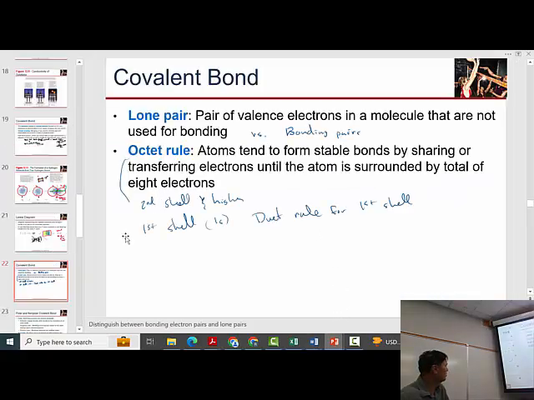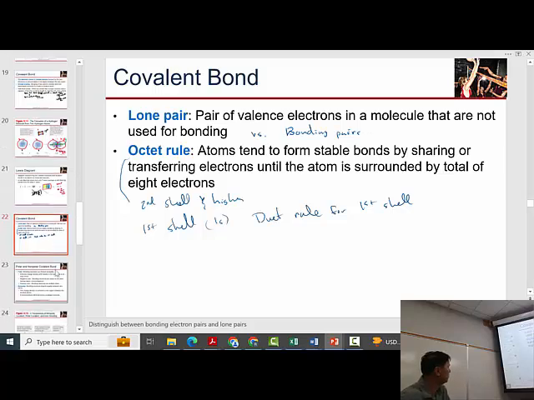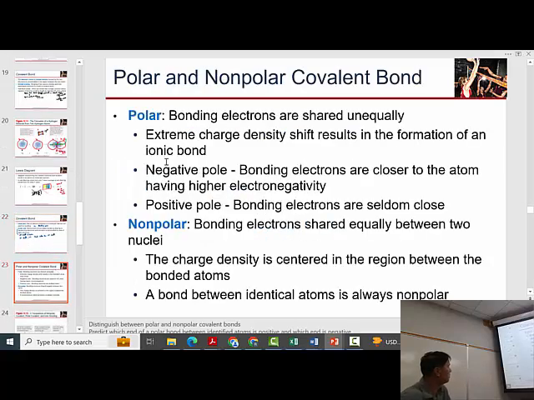And so we have the octet rule and the duet rule, which works pretty well. Then let's talk about polar versus nonpolar covalent bonds. The bonds that I've shown so far are nonpolar. This is when you have a tug of war and both opponents are equal, so it results in a perfect tie.